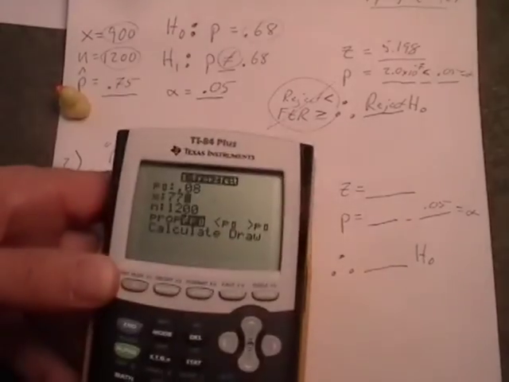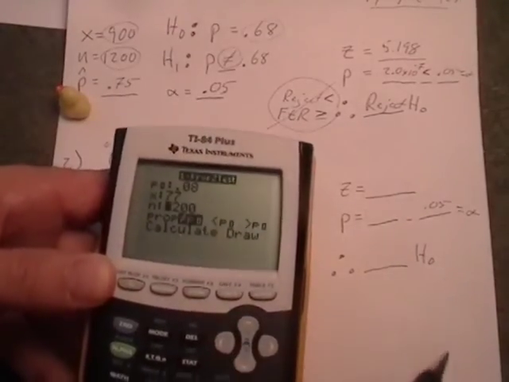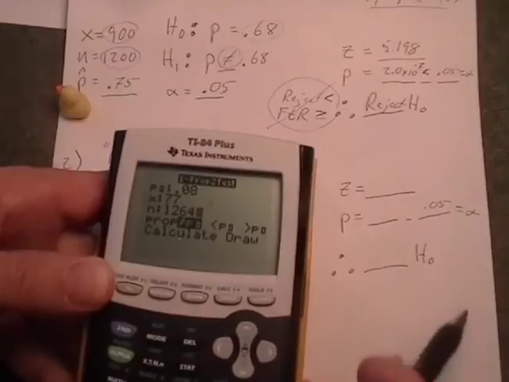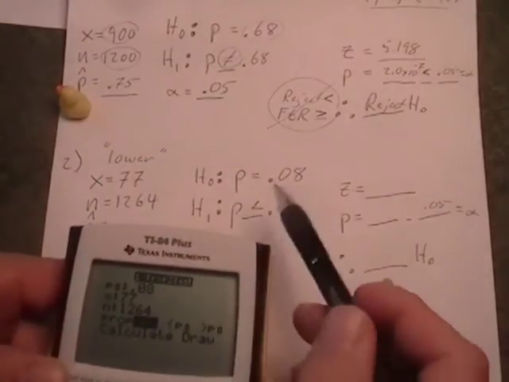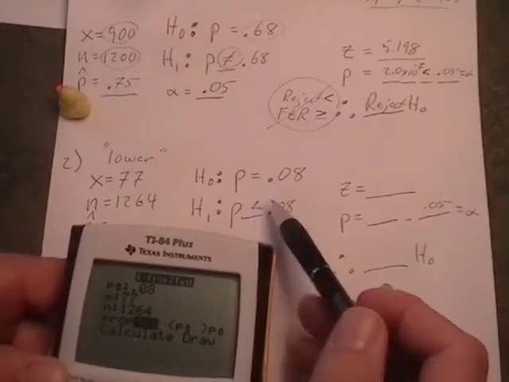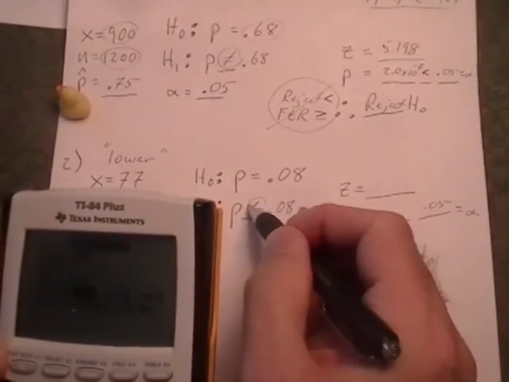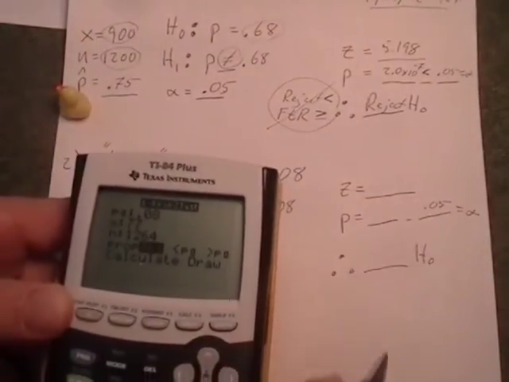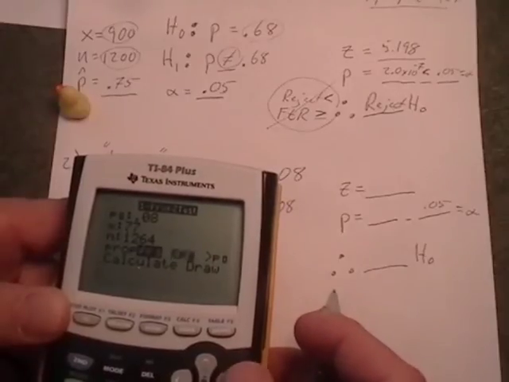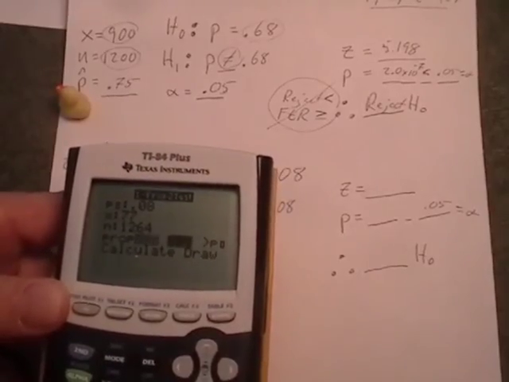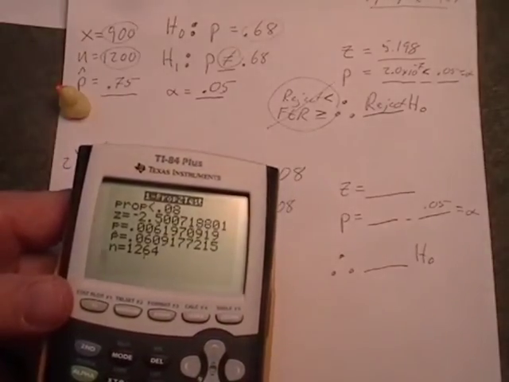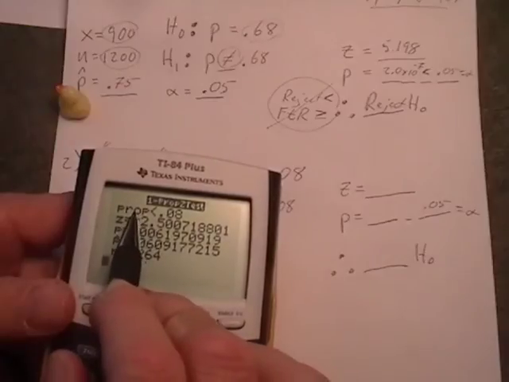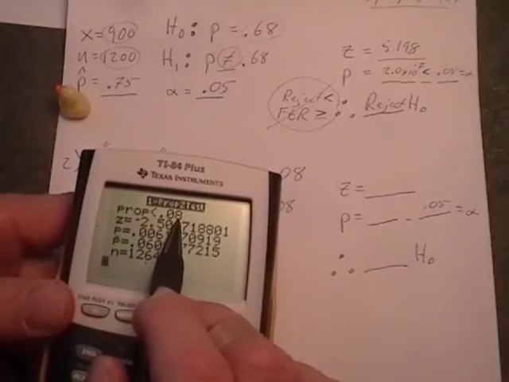N was 1264. Now I do have to change the inequality because I want a less than. This is going to be my inequality. So I toggle over 1, hit enter to make sure it's selected, and now I can calculate. I'm checking to see whether the proportion is less than 0.08.